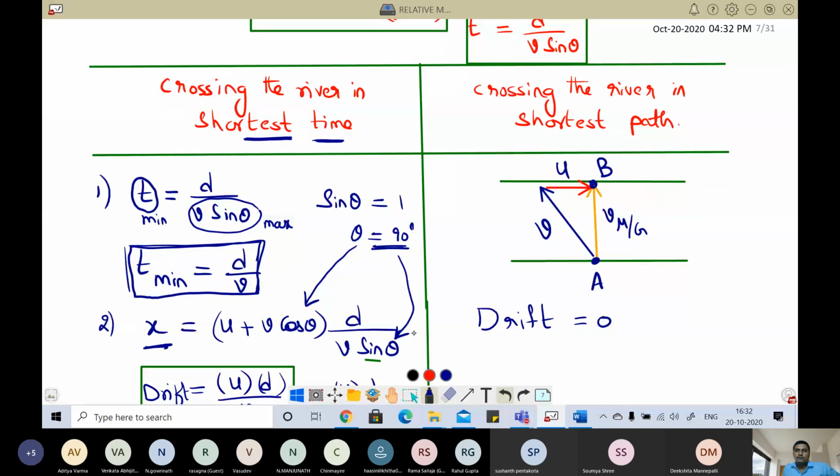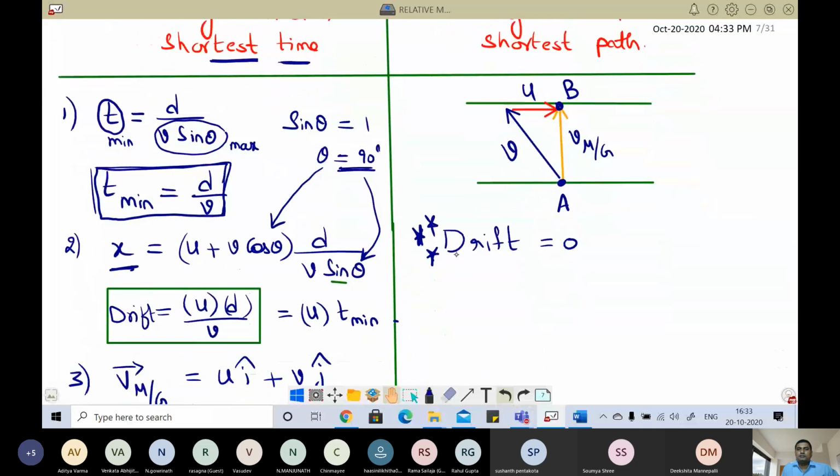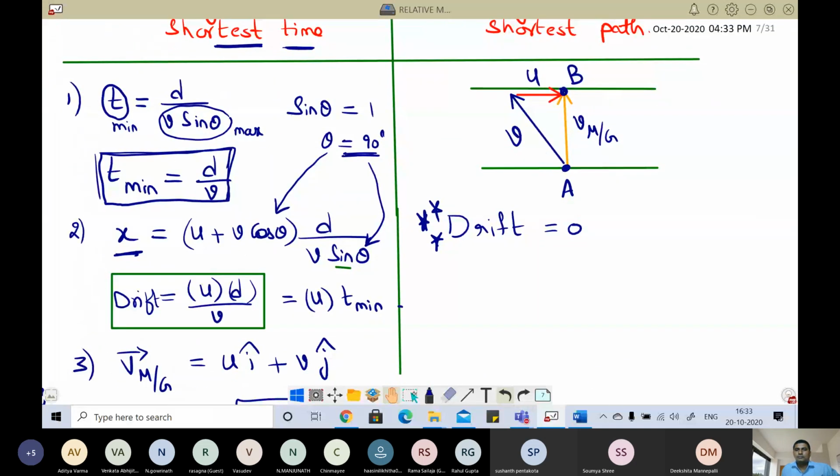So here the drift is 0. Please understand. So now we got the expression for drift: u plus v cos theta. First let me write the expression for drift.